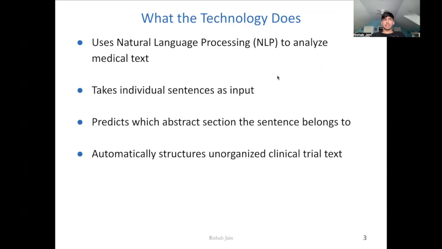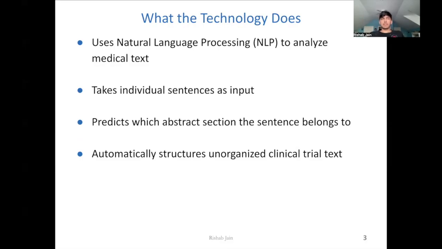What this project does is it uses natural language processing to analyze medical text. It takes individual sentences as input, predicts which abstract section the sentence belongs to, and then it can automatically structure unorganized clinical trial text.